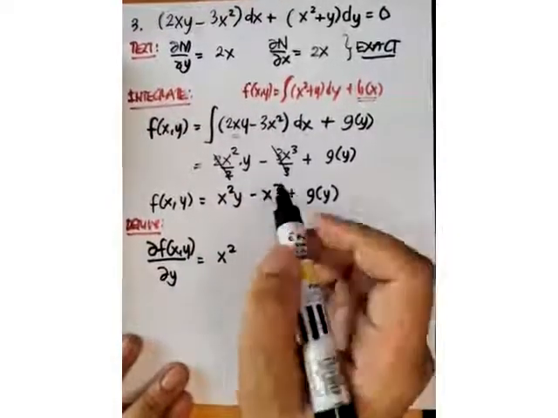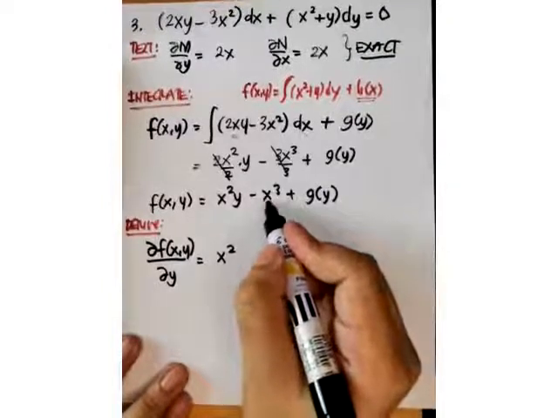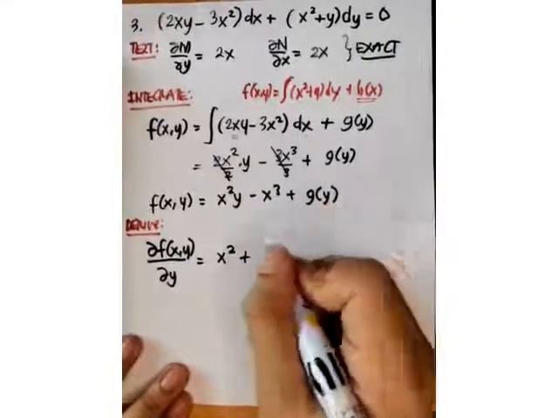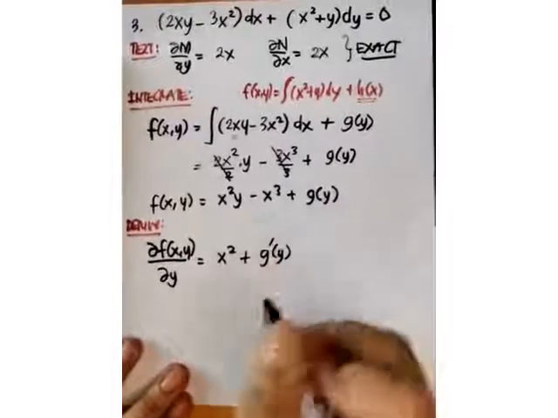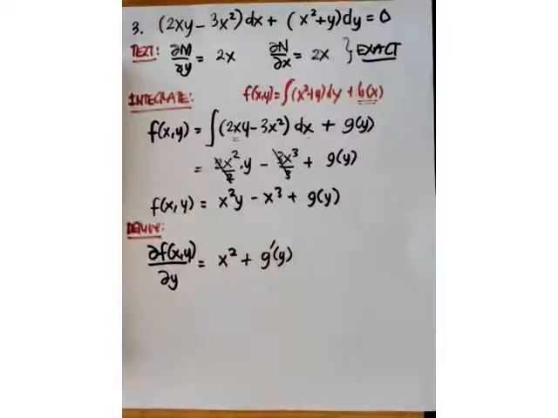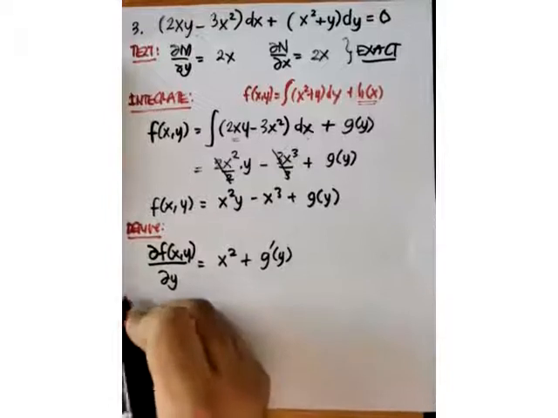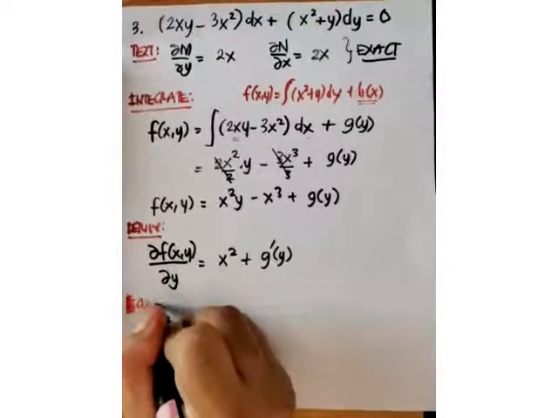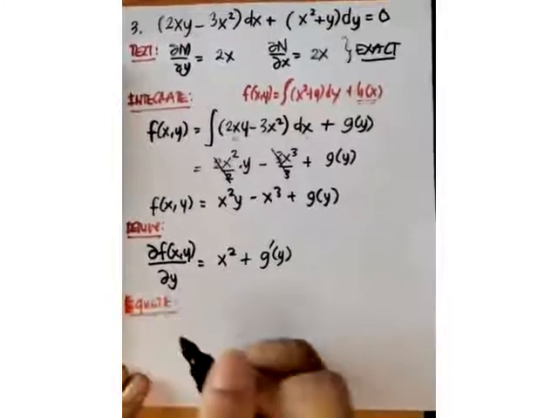And this one is 0. Derivative ng constant is 0. Plus, derivative ng g of y is g of y prime. Ayan.